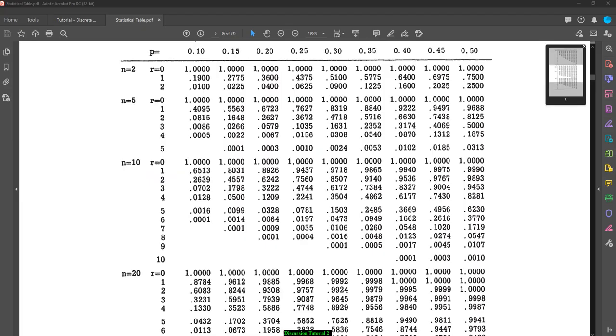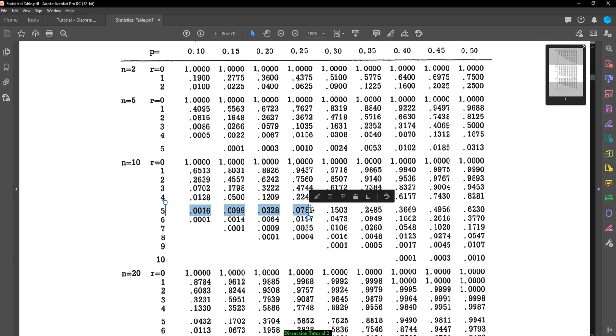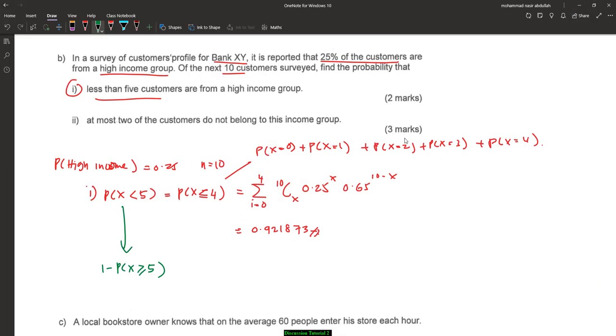Probability of x more than or equal to 5. So that is 0.0781, right? So this one should be 1 minus 0.0781. If you are using a calculator, you will get 0.9219. It is about the same thing. If we round it to 4 decimal points, we will get that one.